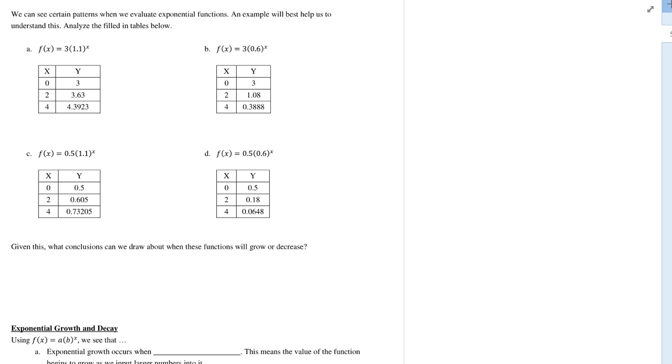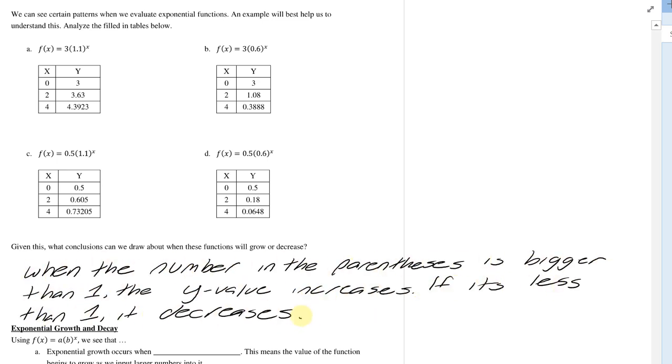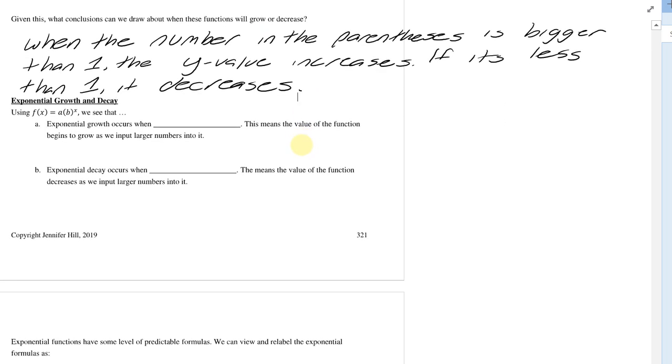So we can summarize this. When the number in the parentheses is bigger than 1, the y values are increasing. If it's less than 1, then the y values are decreasing. So this demonstrates the idea of exponential growth and decay. So using this form of our equation, we see that exponential growth occurs when our b is greater than 1.